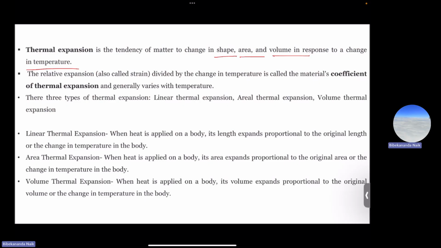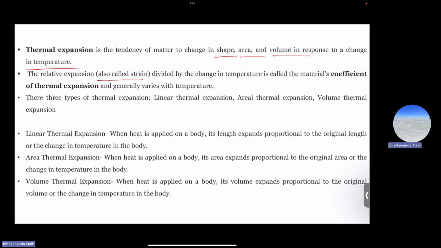So the relative expansion, that is the strain, we had already discussed at the initial weeks of our discussion, when we discussed coefficient of elasticity. There we discussed stress, strain, and how the coefficients of elasticity are defined.